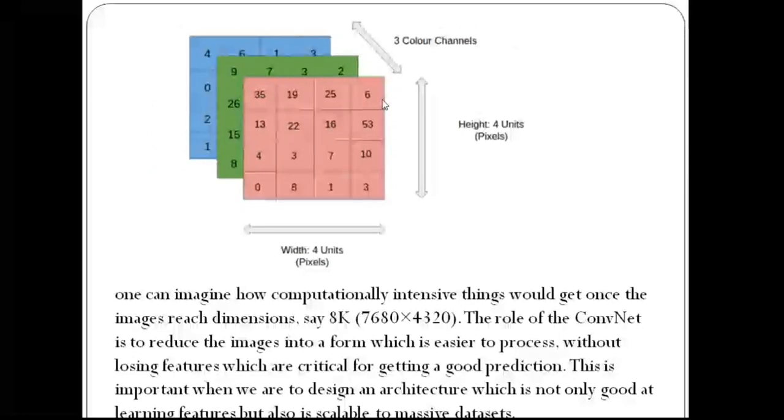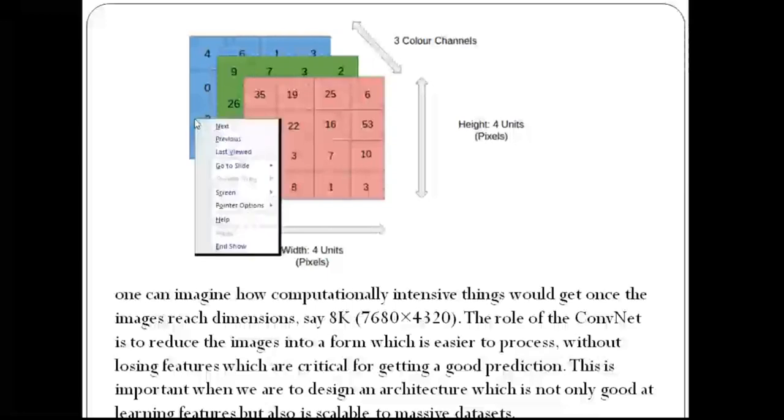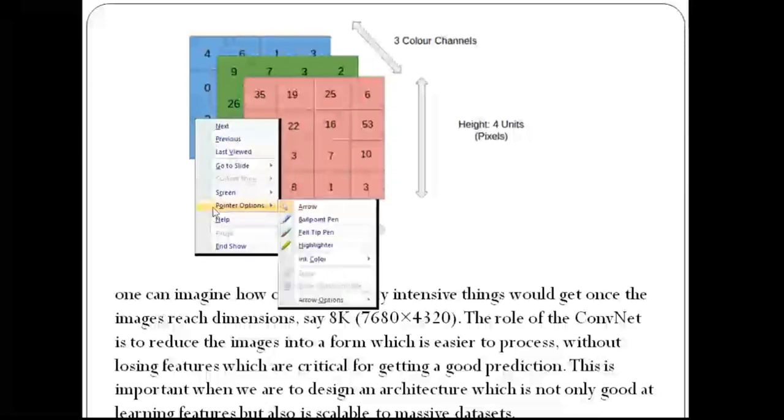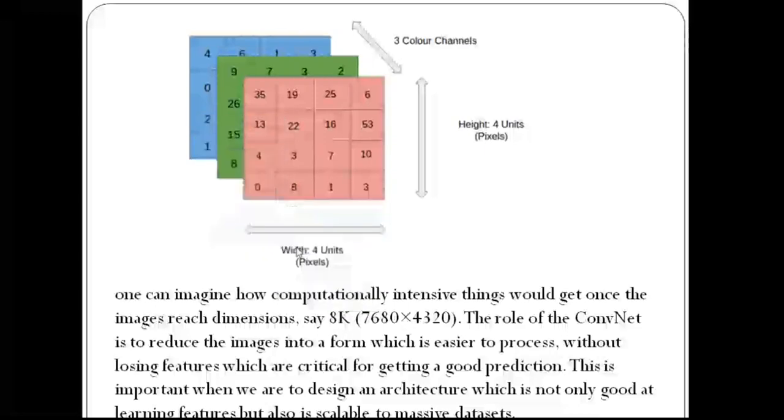The problem with image identification is that we have a higher number of pixels, and on top of it we have multiple channels. Let me take this pointer option to show you. Let me take 3 channels, that means a colored image.